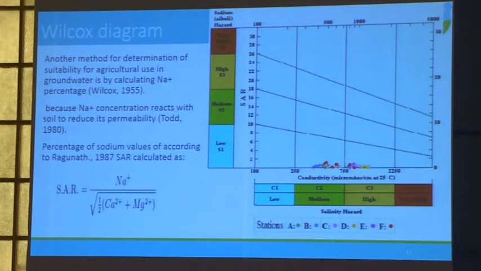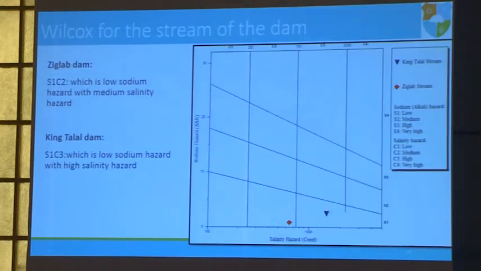We used the Wilcox diagram for the sodium salinity hazard. We tried to plot the water qualities of the two dams in this diagram, and we could see that both dams, Ziqlab Dam and King Talal Dam, are located within the low salinity hazard in this diagram. So this encourages us to think that the water quality in both dams is suitable for irrigation, of course, more than other uses.